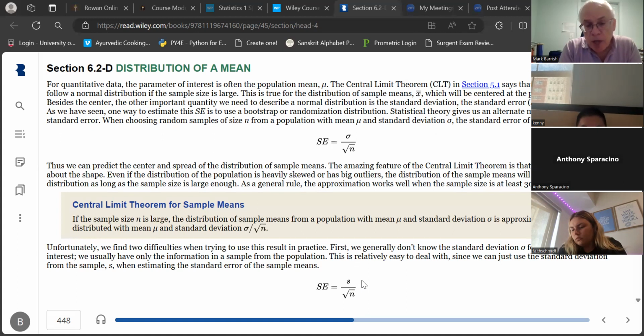Whatever sample we have, we'll calculate the sample mean and the sample standard deviation. We're going to use that to estimate the population standard deviation. So this is an estimated standard error that we would use. Any questions about that, so that you know what we're doing?